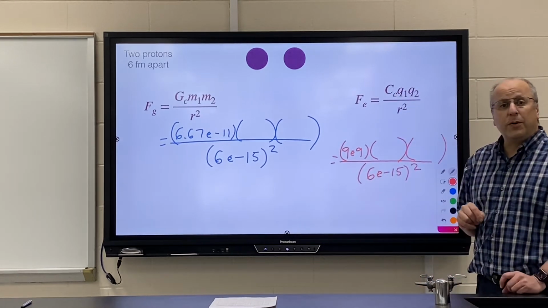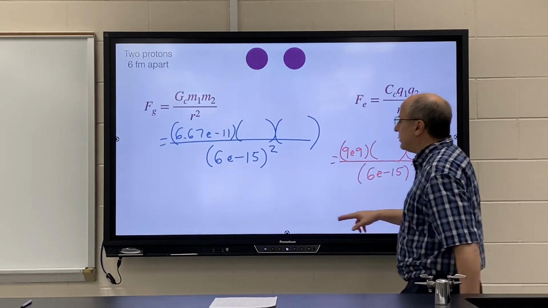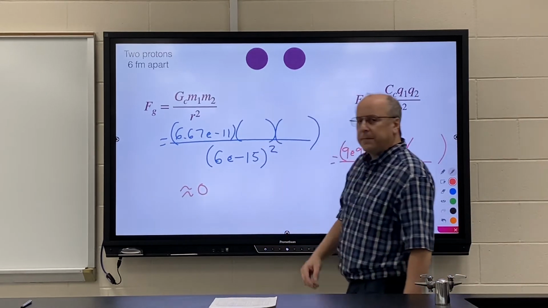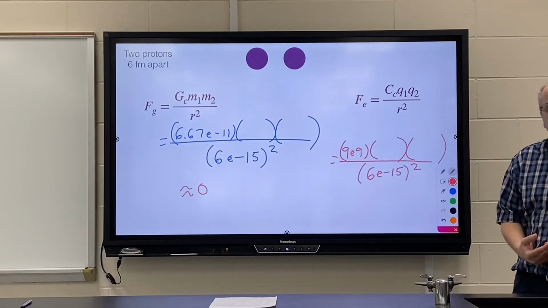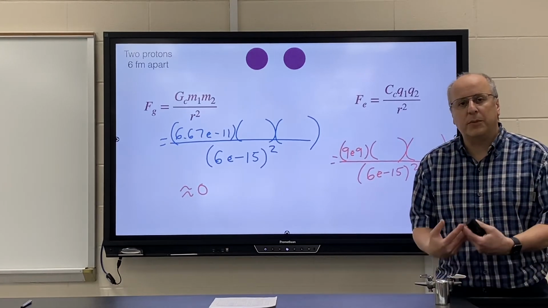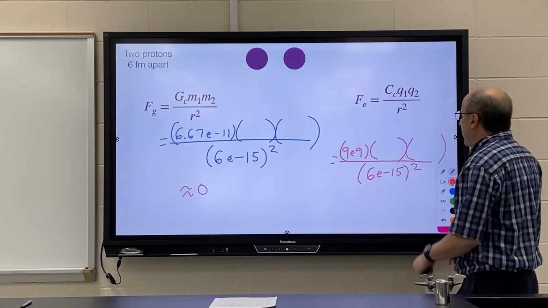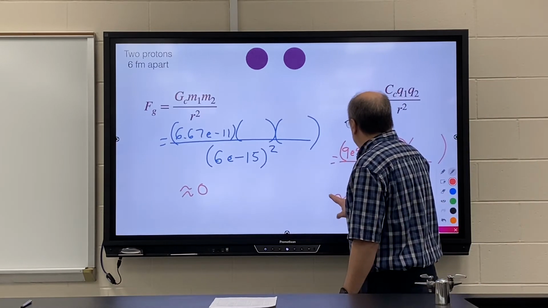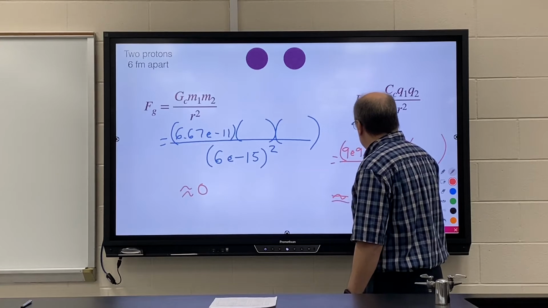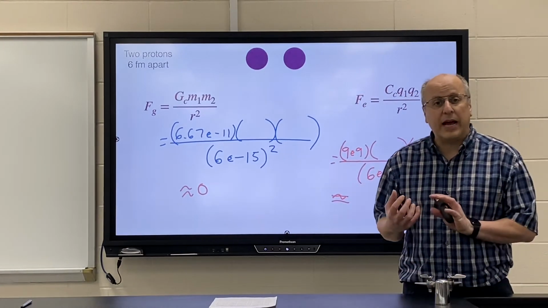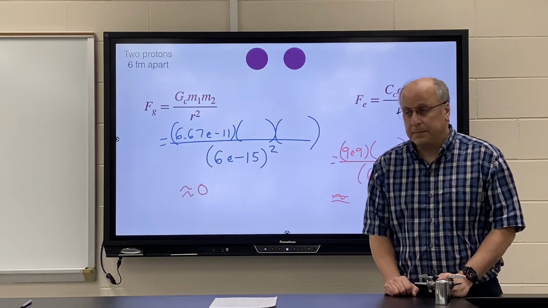When you work through all of this, you should find that this force is nearly zero. The gravitational force is so weak it has almost no effect on an atomic scale. We then look at the electric force, and this is going to be a pretty big number. Very big when we consider how small these particles are.